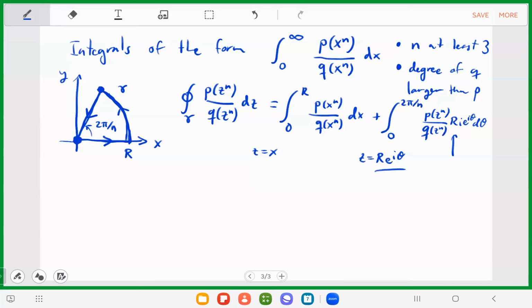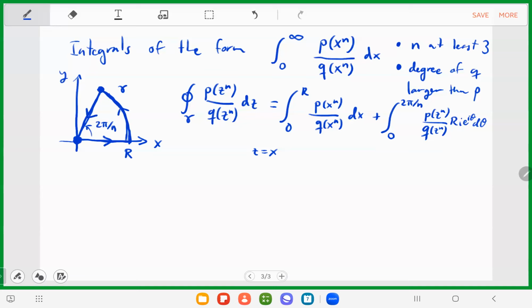So again, we are choosing the cases where this piece of circle will give a real integral which is 0, because it's the integral of a function that has modulus 0.